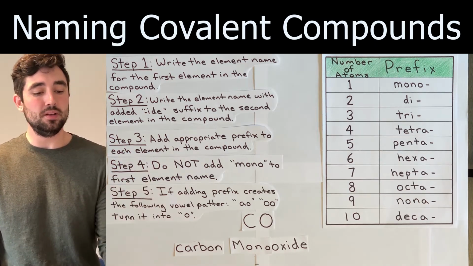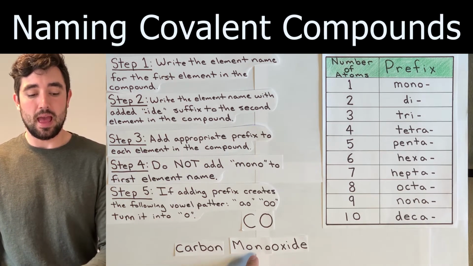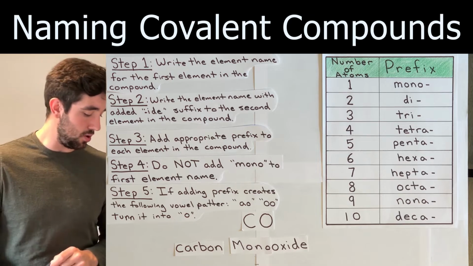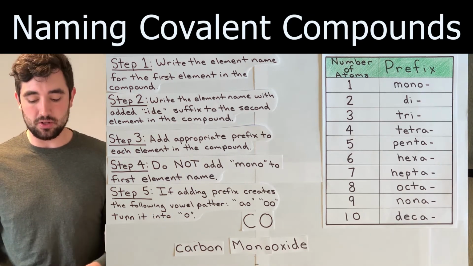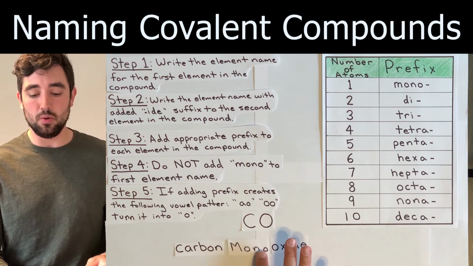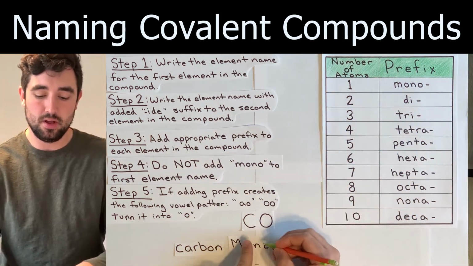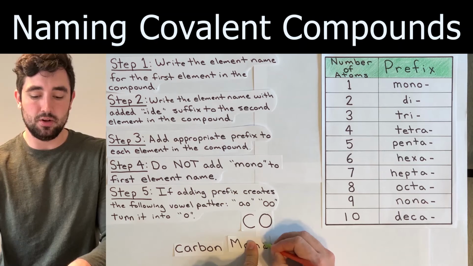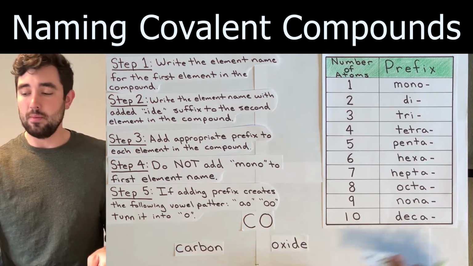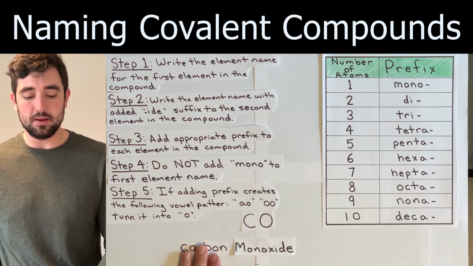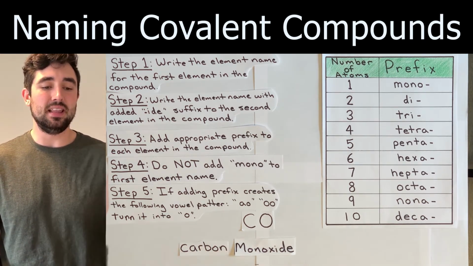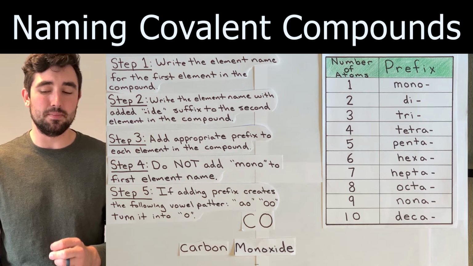So I've done step 1, 2, 3, 4, and now I'm looking at this double O. I realize that this double O vowel pattern needs to be changed. I need to get rid of and slash out this O right here, goodbye, and replace it with a simple monoxide. So there's carbon monoxide. There's the 5 steps to naming covalent compounds.